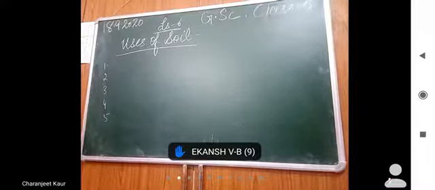First is plants are grown in soil, which provide us food, right? Number 2, soil provides optimum conditions. Optimum means right conditions for the proper growth of plants, right?